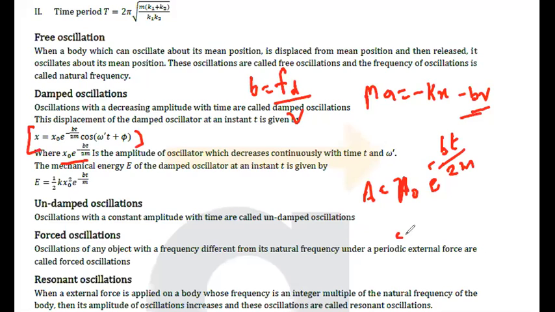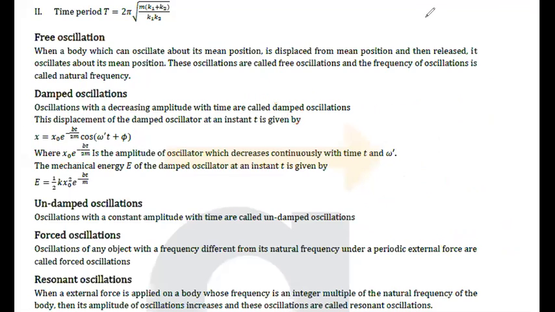And omega dash is equal to root of k by m minus b by 2m whole square. I hope all of you remember. Yes or no? Clear? Everyone? Okay.